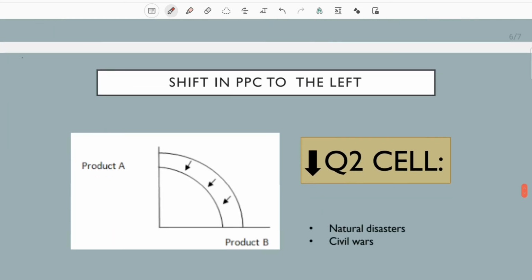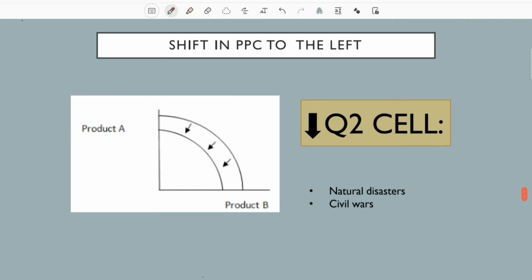On the other hand, we are discussing how to shift the PPC curve to the left. When the PPC curve shifts to the right, the amount of resources in the economy will increase. In contrary, when the PPC curve shifts to the left, the amount of resources would decrease. It can happen quantity wise or quality wise.